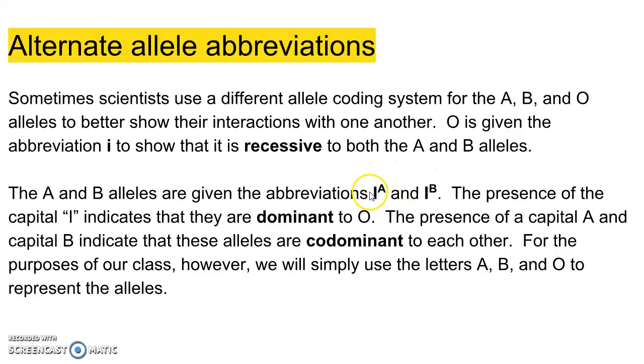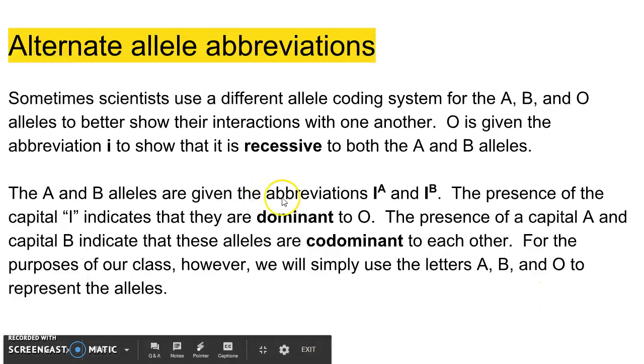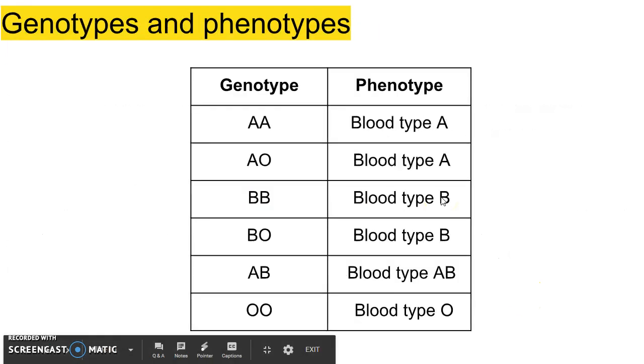So this would be the A allele, okay, and this would be the B allele. And because they're both capital, it indicates that they are codominant to each other. Now, for us, it's going to be easier to just use the letters A, B, and O to represent the alleles, but if you take IB Bio, we will use these I alleles instead.